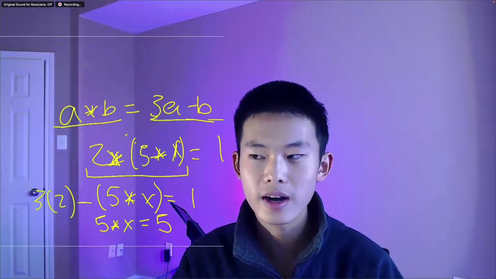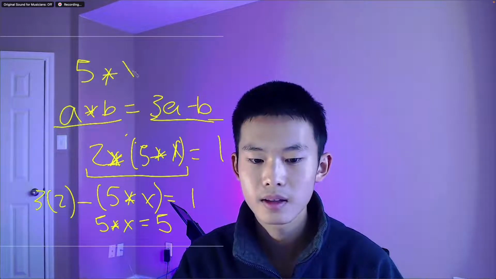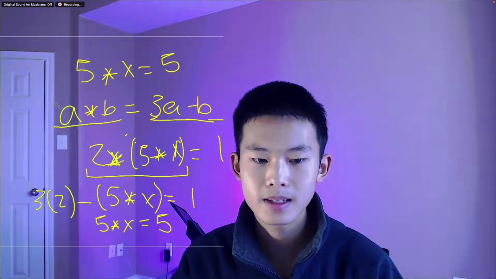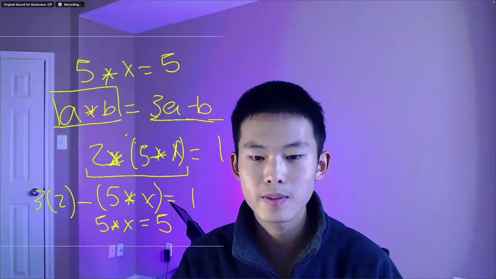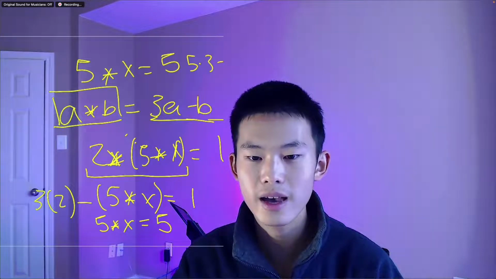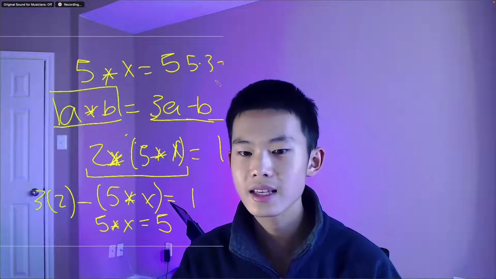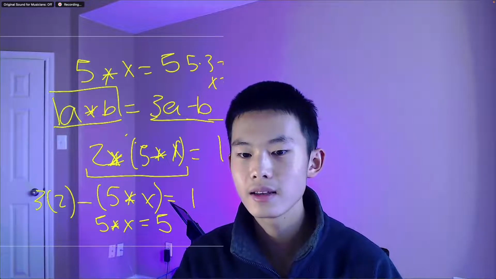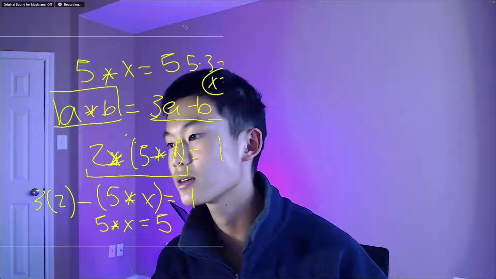So 5 star x equals 5. Since A star B equals 3A minus B, 5 times 3 minus x is going to equal 5. So x is going to equal 10, and 10 is our final answer.